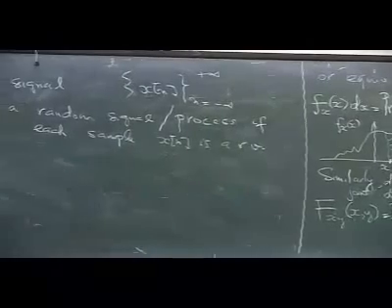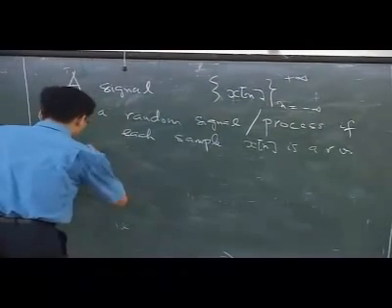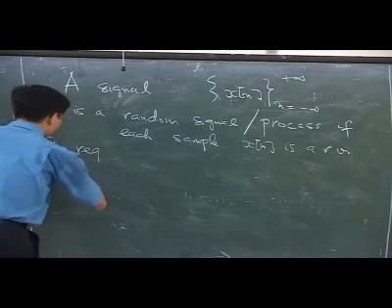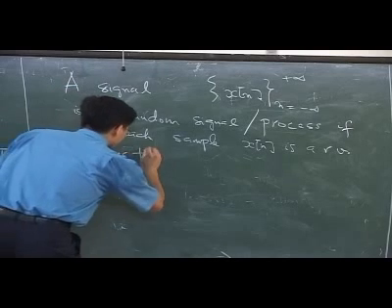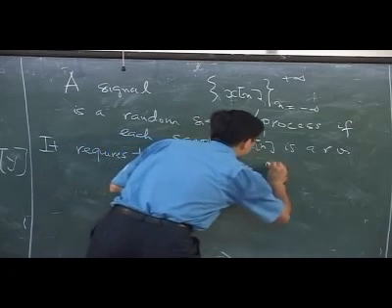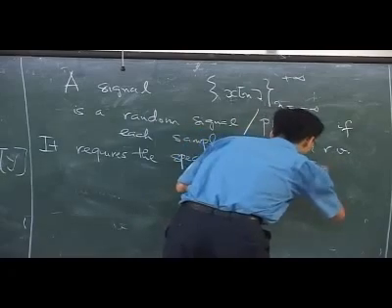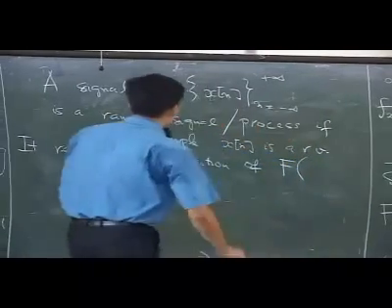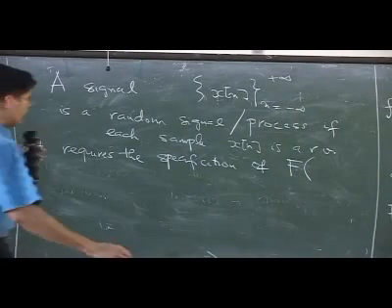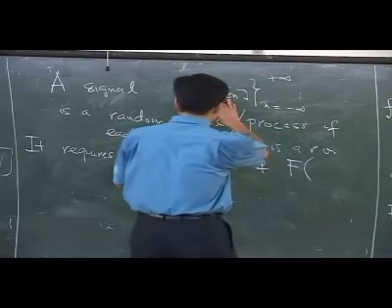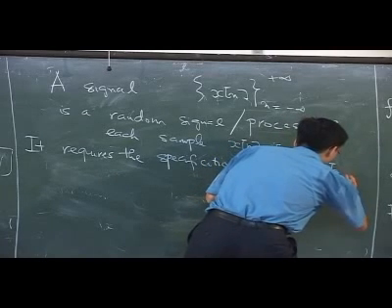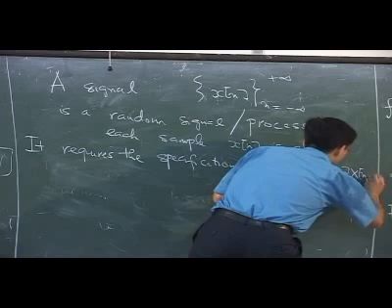So that leads to something. For example, this requires the specification of the probability density function, not of just one single sample, but now I use random variables x[n1], x[n2].